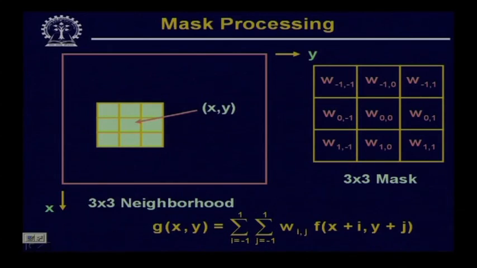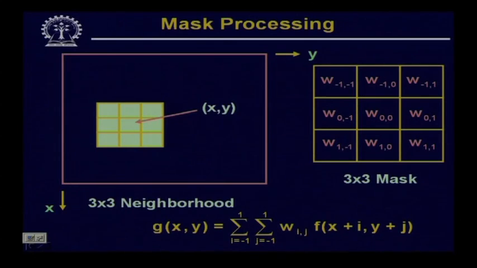Now, to generate the intensity value at location x y in the processed image, the operation to be done is given by the expression at the bottom, where g x y is equal to the double summation of w i j into f x plus i y plus j, taken over j equal to minus 1 to 1 and i equal to minus 1 to 1. So, what does this actually mean?